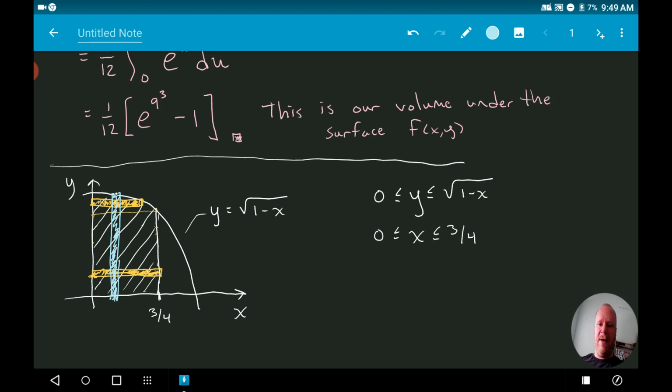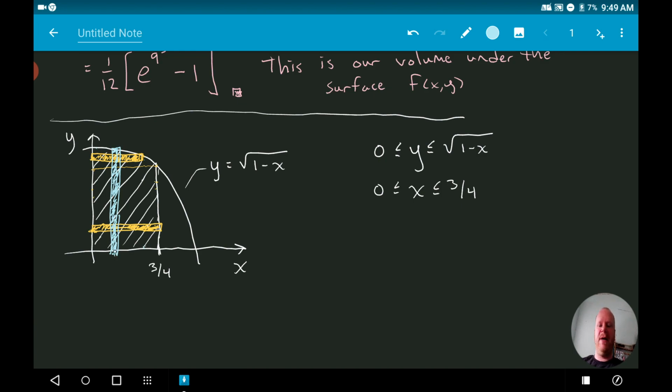So if we look at dx, this is going to be consistent throughout the entire region. So y is always in between 0 and square root of 1 minus x, and that's going to be true all the way across the region.